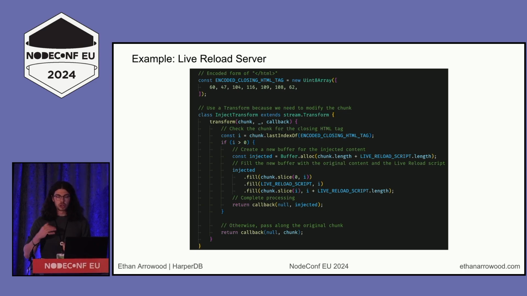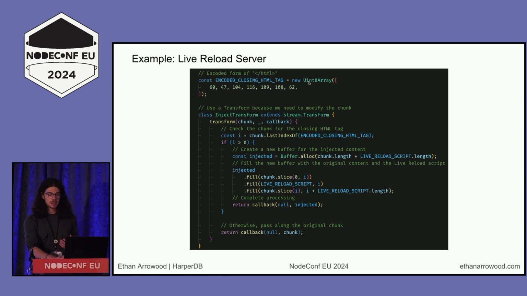So it really just starts with a transform stream. Sticking with encoded text so we don't pay the penalty of going back and forth between UTF-8. At the top of the page, we're looking for the end of the HTML block. And in our transform, the first line, const i = chunk.lastIndexOf, you're looking for this Uint8Array inside of that chunk.